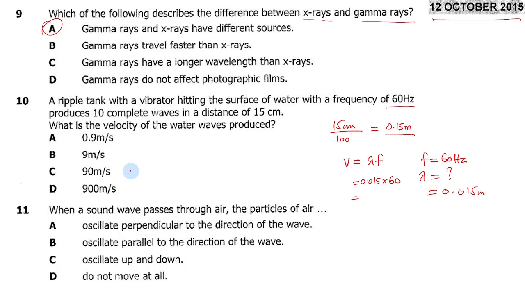So the answer will be 0.9 meters per second, which will be A. Then 11 says, when a sound wave passes through air, the particles of air oscillate. Perpendicular to the direction? No, they oscillate parallel to the direction of the wave. Yes, the answer is B.